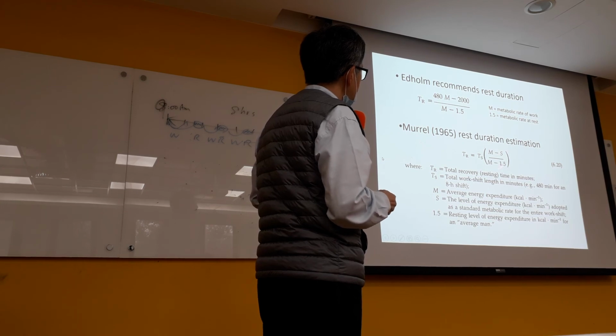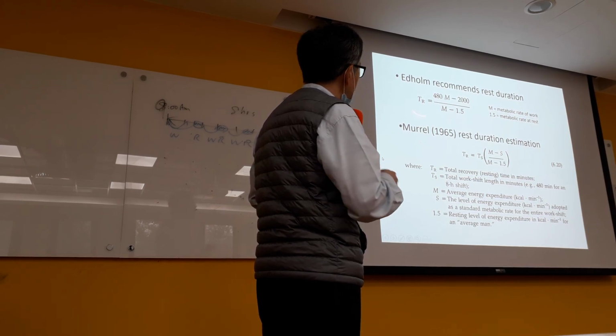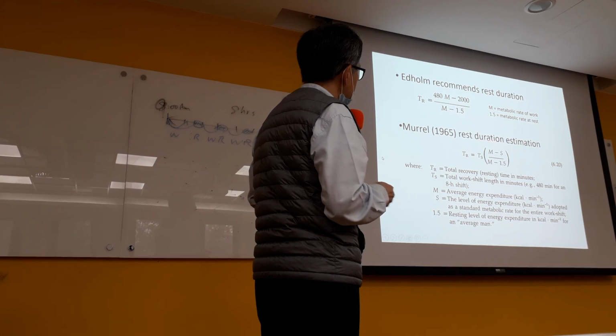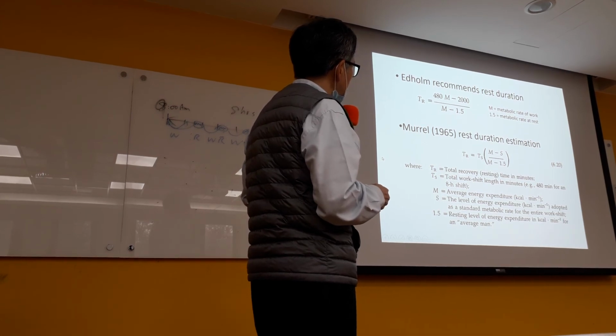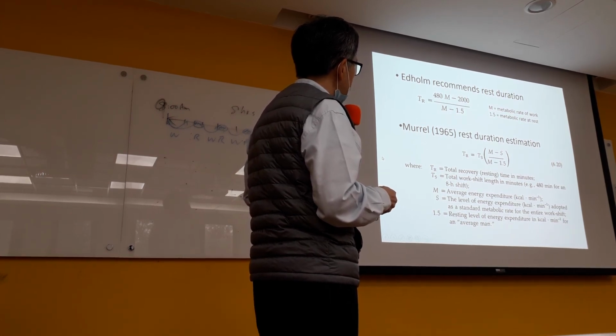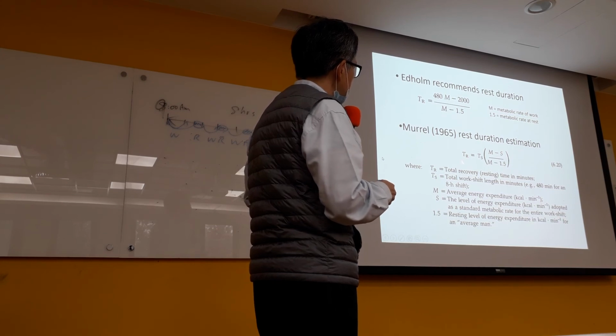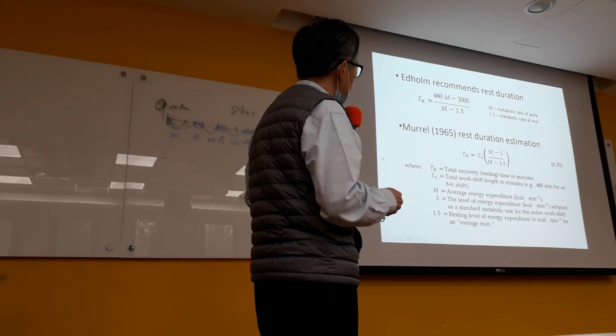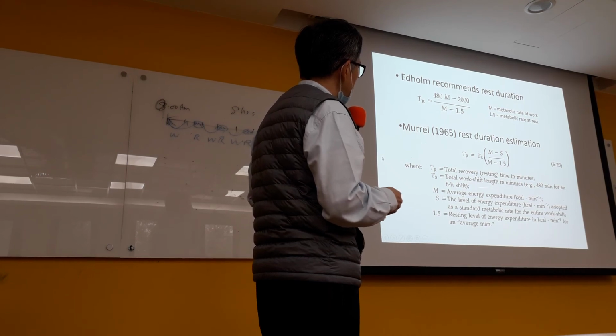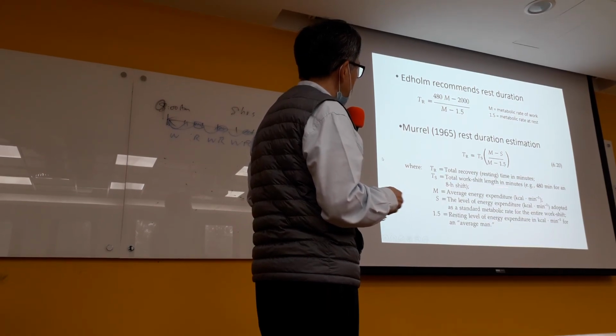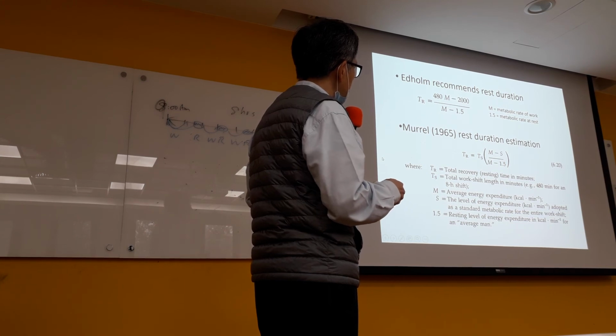This equation actually originates from this, okay? TR is the total recovery time in minutes, total resting time. TS is the total work shift length. Okay, for example, if your shift is 8 hours, that will be 480 minutes. So this will be 480.